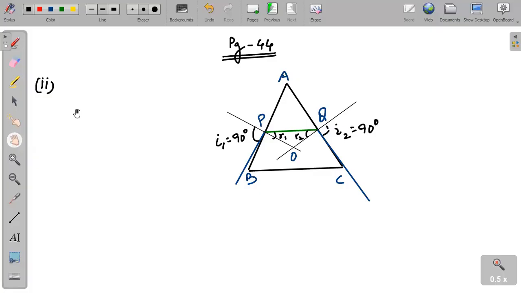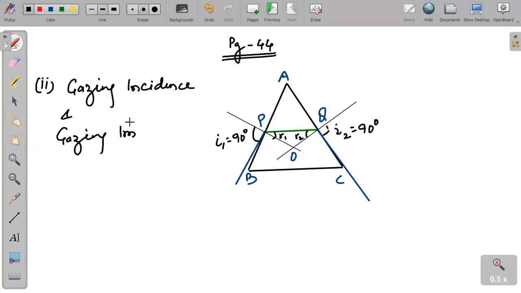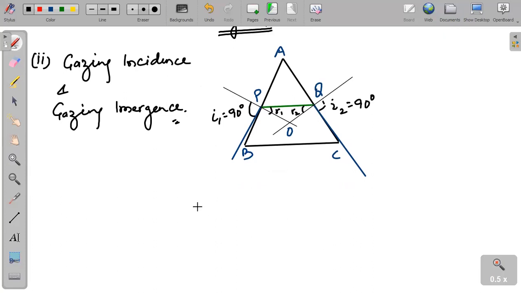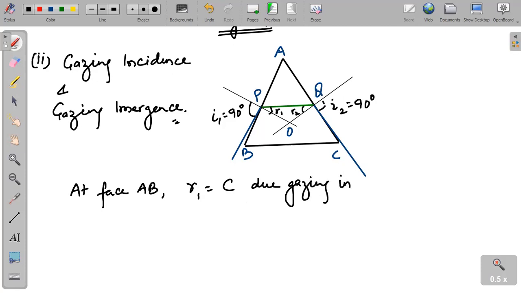At first face, at face AB, R1 will be equal to the critical angle C due to grazing incidence.